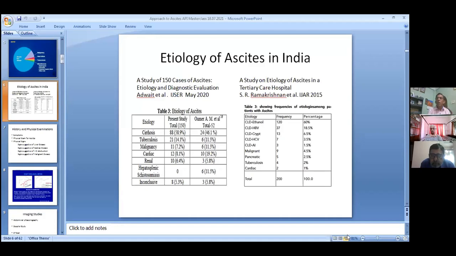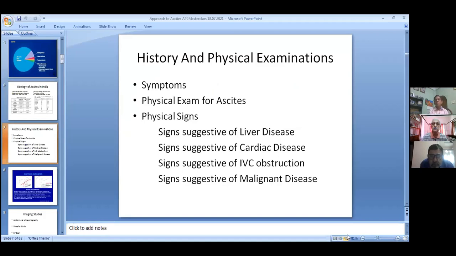So in our country also, we should think that cirrhosis is the commonest cause, followed by malignancy and then tuberculosis. It differs according to the prevalence of tuberculosis or malignancy, but the commonest is cirrhosis followed by malignancy.